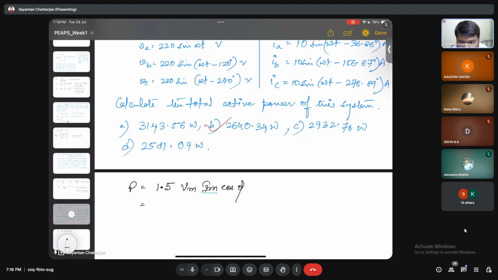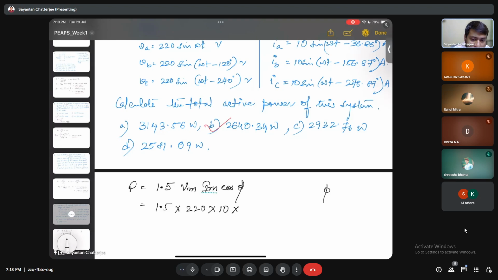So this is a fixed value. So what will be the answer? 1.5 into Vm is 220 and Im is 10. Now one thing we need to check is phi.